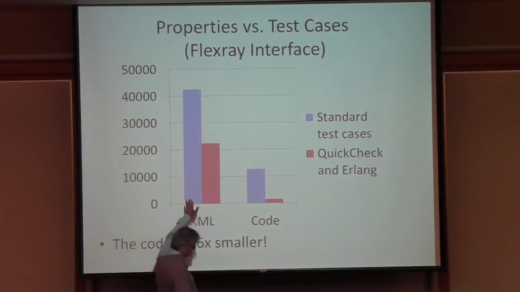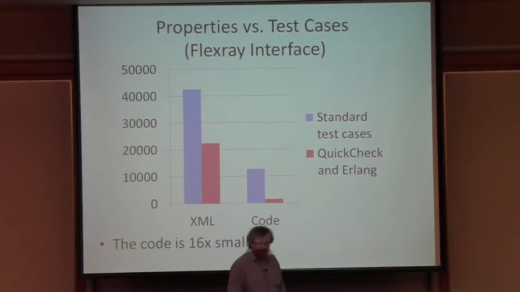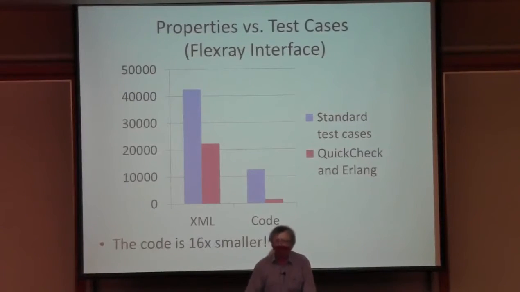However, don't worry about that. Look at the size of the code. The QuickCheck test code is 16 times smaller than the test suite that otherwise had to be written to test this stuff. So that corresponds into lower cost for testing the software. Lower cost at the same time as we're getting better testing.